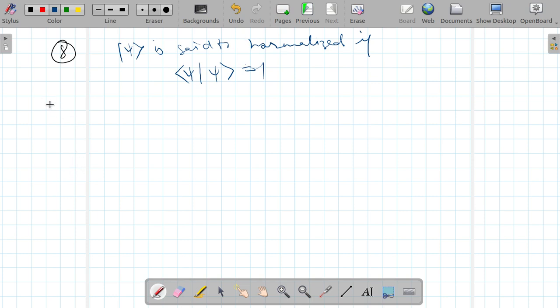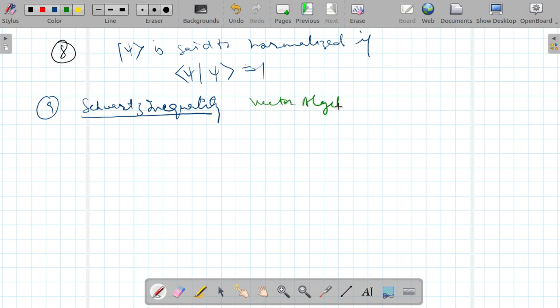Then next is the Schwarz property or the Schwarz inequality. As we know from vector algebra, that A dot B, its mod square is less than or equal to mod of A square into mod of B square.